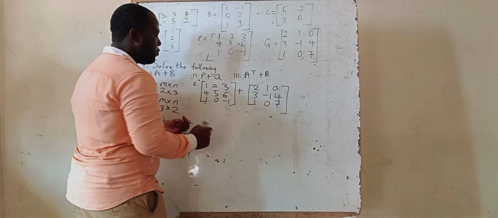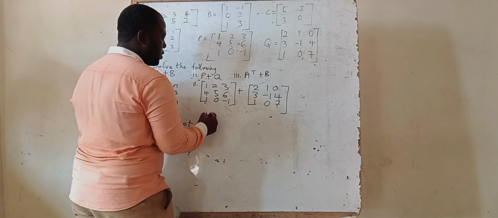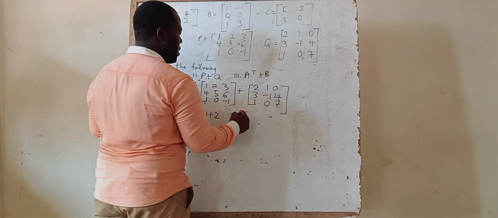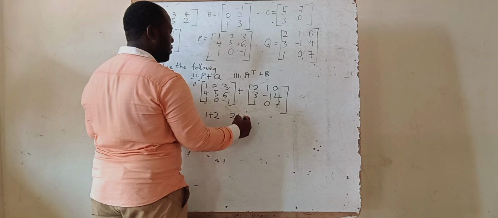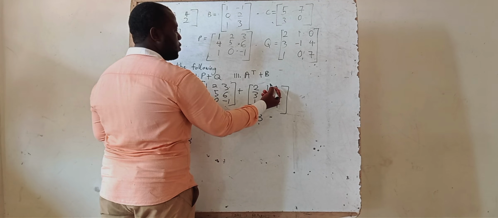This is how the addition will be. You take one, add it to its corresponding number. Take two, add it to its corresponding number. You take three, add it to its corresponding number.